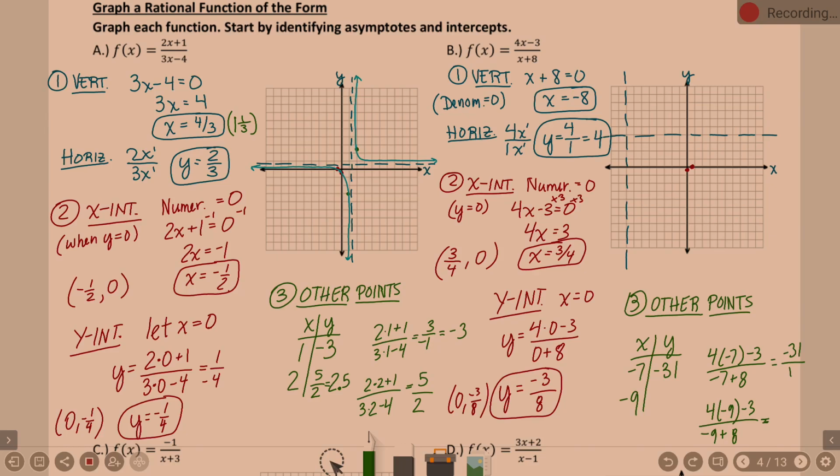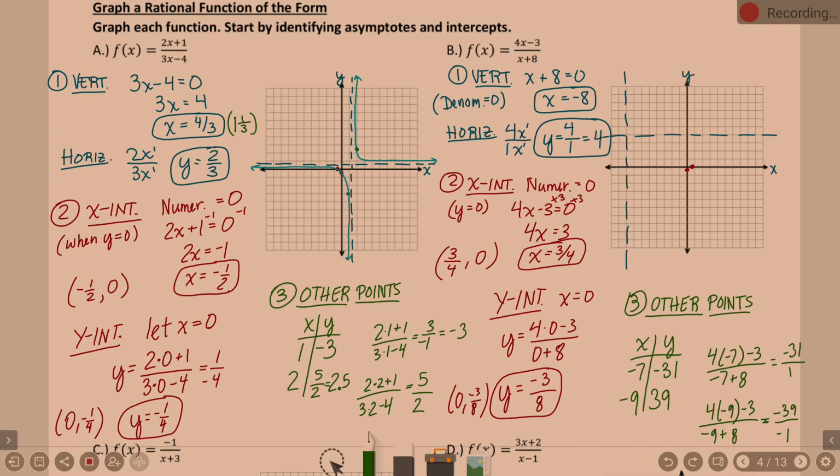Minus 3 is negative 39. Divided by negative 9 plus 8, negative 1. What's a negative 39 divided by a negative 1? Positive. A positive 39. Now, the fact that one of these is negative and one of these is positive is a good thing. Okay?